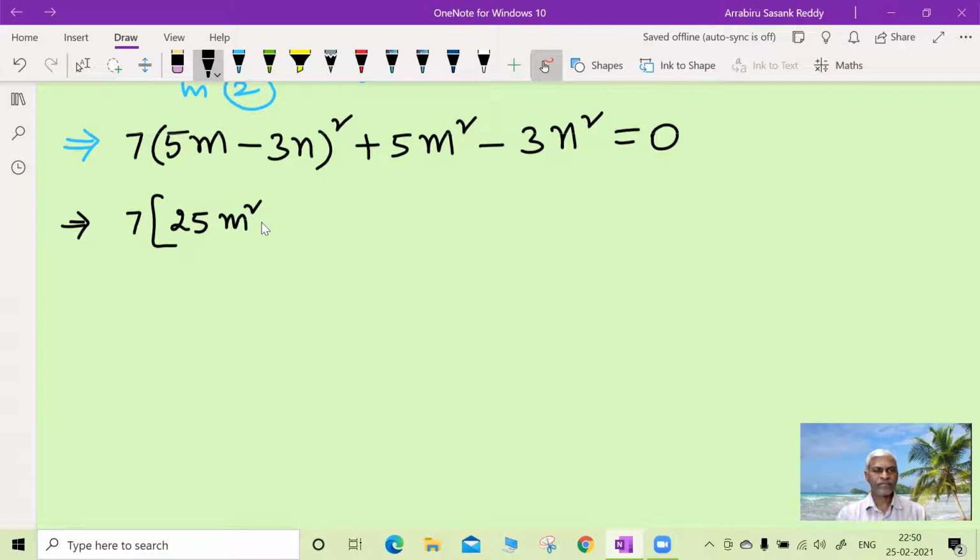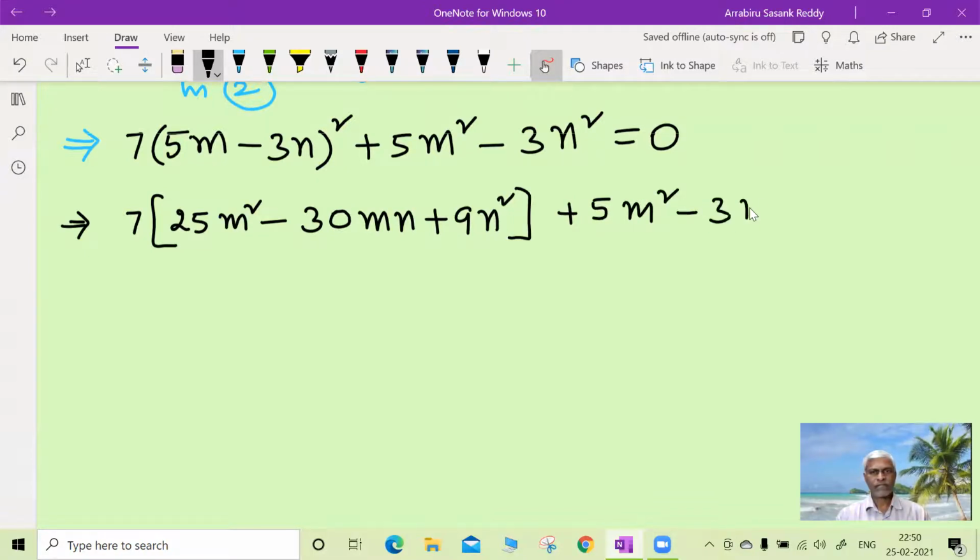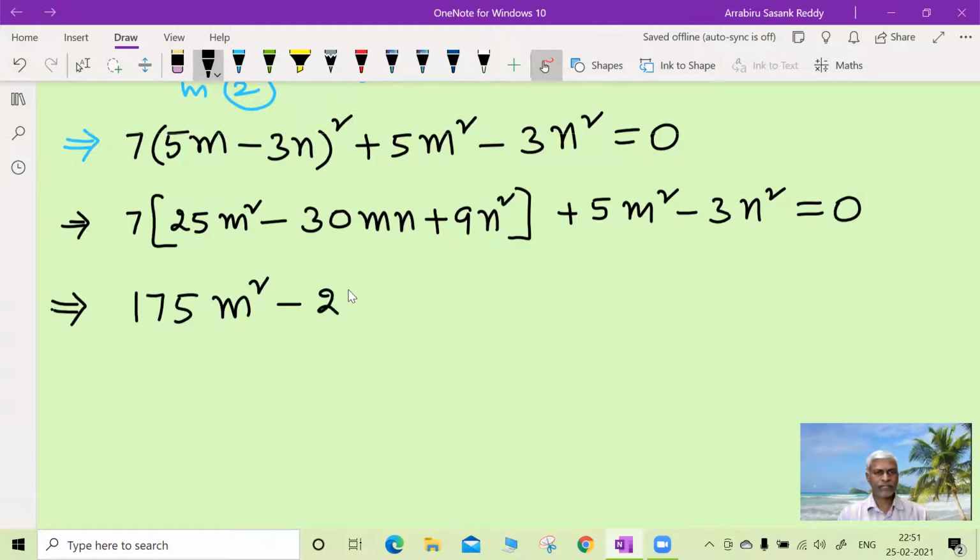So 25m square minus 2ab, which is 2 into 5m into 3n, 2 into 5 is 10, 10 into 3 is 30, plus b square, 9n square. Then 7 into 25 is 175, 7 into 3 is 21, 7 into 9 is 63.